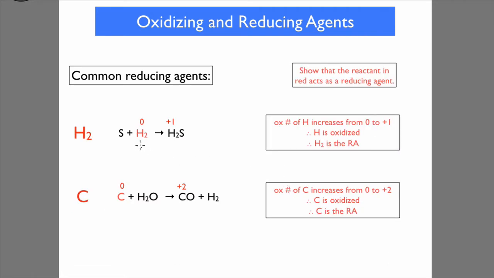We can see here that hydrogen has gone from 0 to +1, so the oxidation number of hydrogen increases. Therefore hydrogen is oxidized, therefore the hydrogen molecule is the reducing agent. Here the oxidation number of carbon increases from 0 to +2, therefore the carbon is oxidized, therefore carbon is the reducing agent.